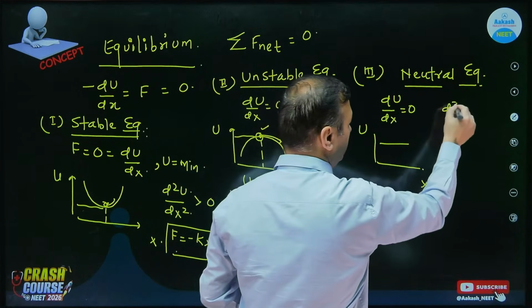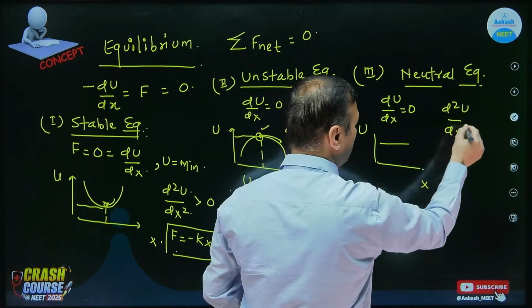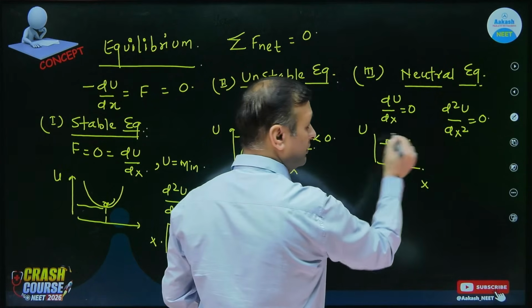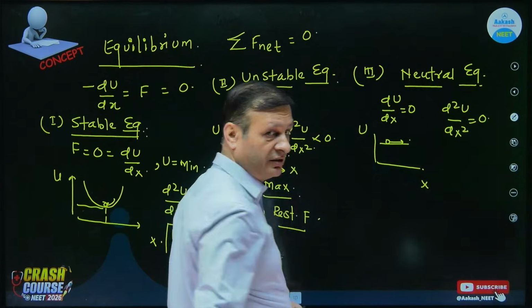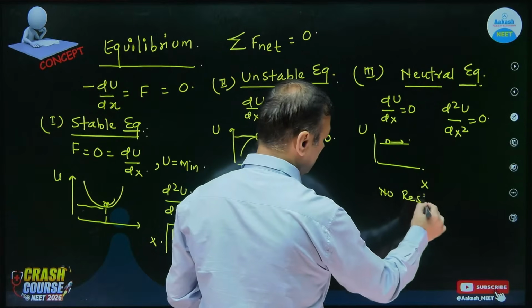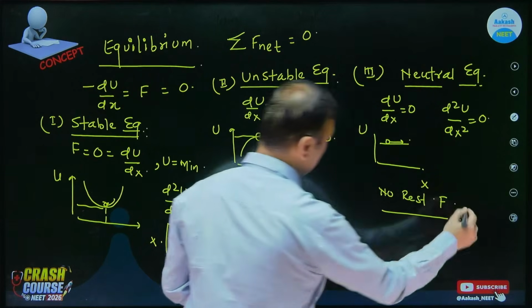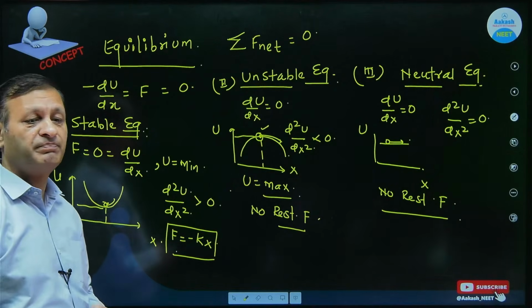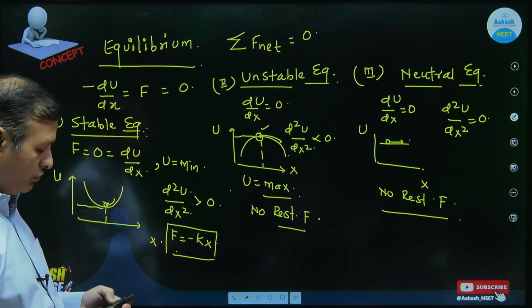So the second order derivative of this potential energy is still 0, and if you displace the body, the body gets displaced, but there is no restoring force. So these are the interesting situations for your stable, unstable and neutral equilibrium.